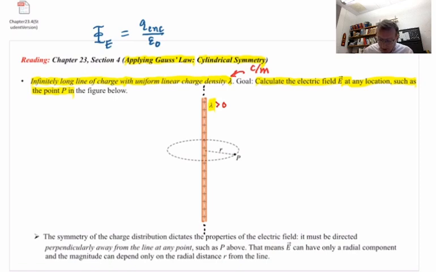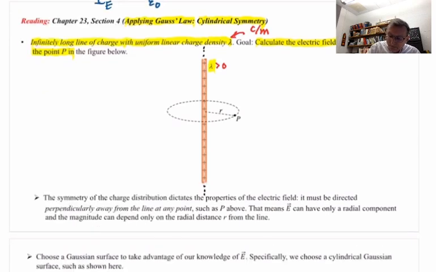All right, well, the point P, you'll notice, is a distance little r from the center of the line, from the central axis of the line. And they happen to draw also a circle going through point P centered on the line for visual reference, and I'll talk about why we're doing that. All right, so here we go. Let's look a little bit farther down here on my screen.